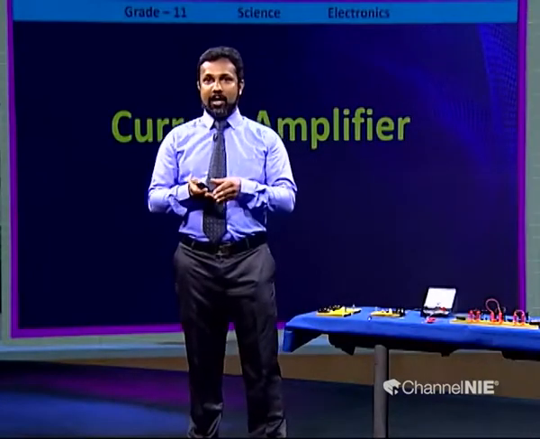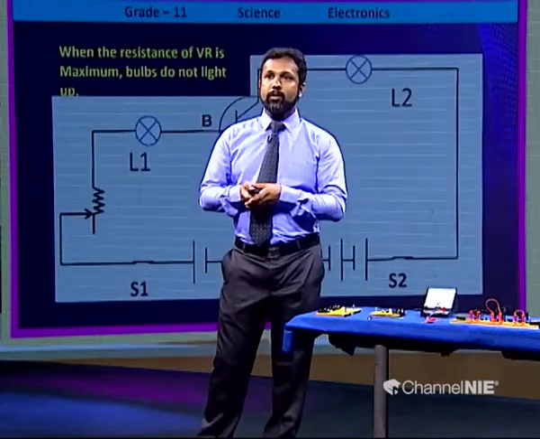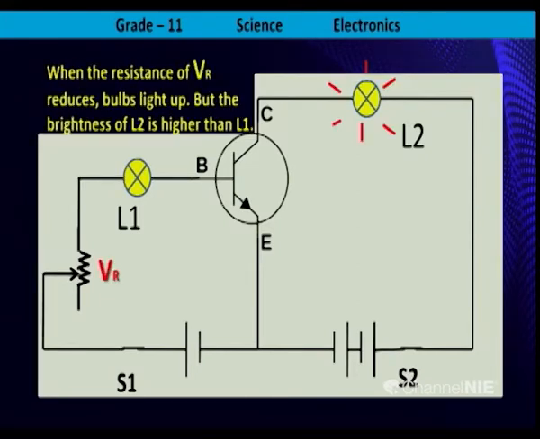First of all, let's study current amplifier. As you can see, this is the circuit present in your textbook. When the resistance of the variable resistor is maximum, bulbs do not light up. You can see here, we use a variable resistor.